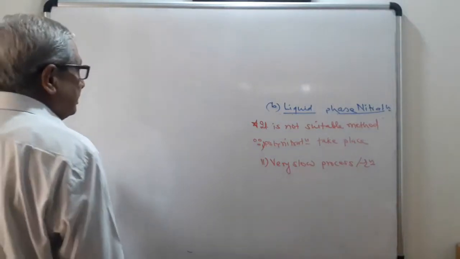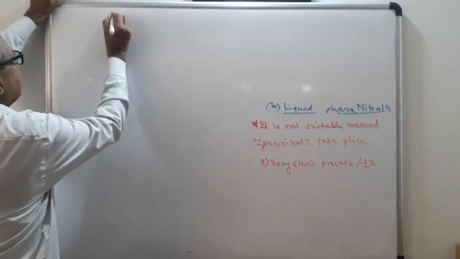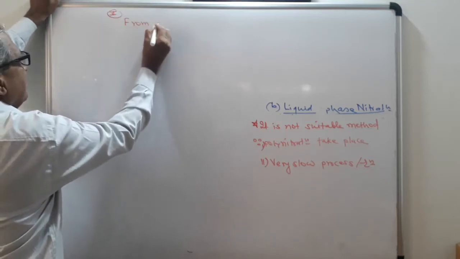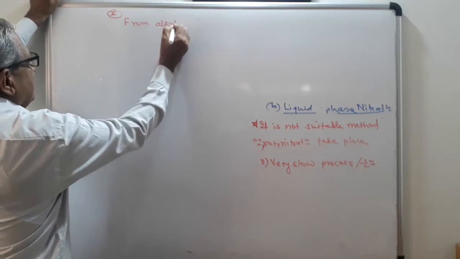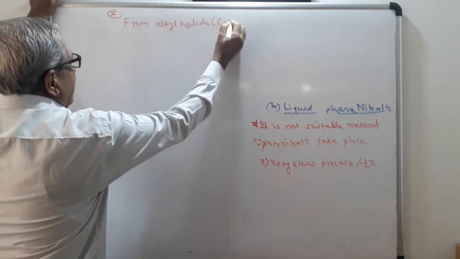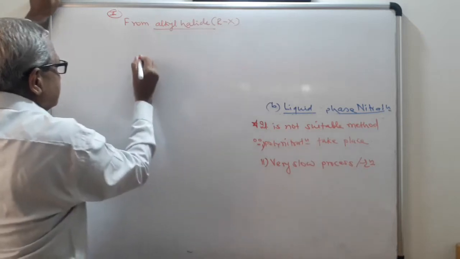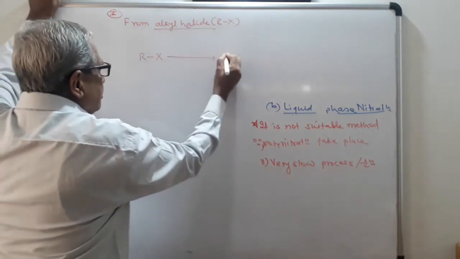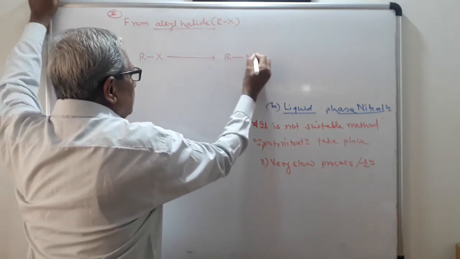Now, second method from alkyl halides. So we completed the first method. Now we are going to write here the second method, that is from alkyl halides, in bracket RX. So see here, RX are converted to the RNO2.